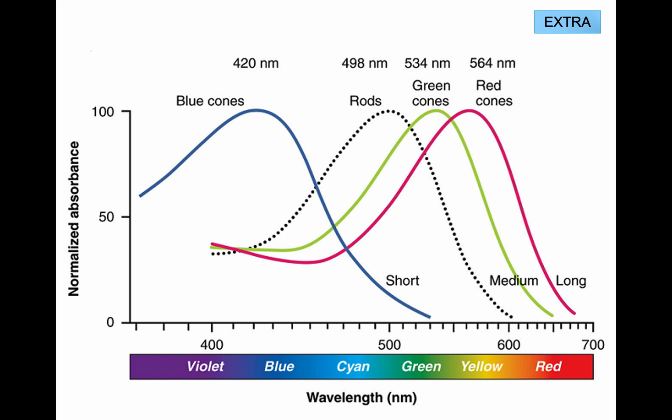Okay, here we have a similar graph to the one we saw earlier on. If there is blue light, say 420 nanometers, only the blue sensitive cones will be stimulated.